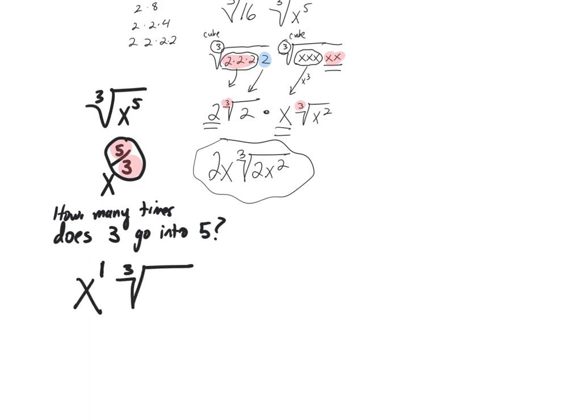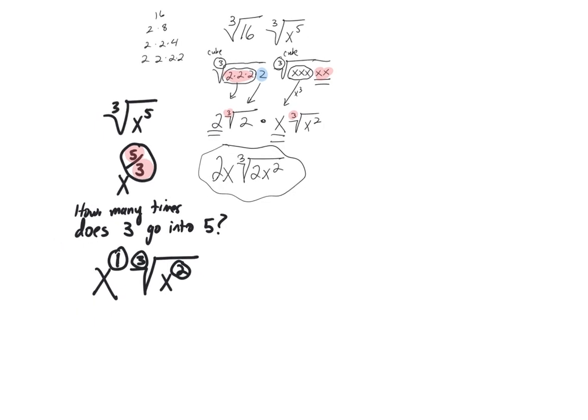It also tells me that there's 2 left. So I have 2/3 left. So I have the cube root of x squared left over. 5 divided by 3 is 1, right? So I have x to the 1st when you divide, and there's 2 left over. So I have x squared left over under the cube root. Okay.